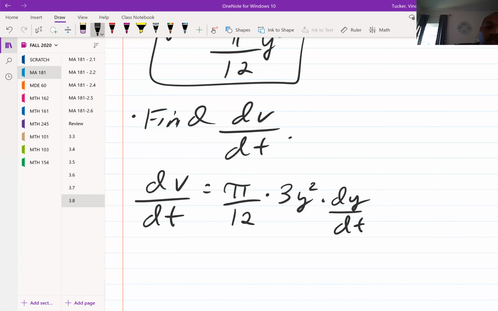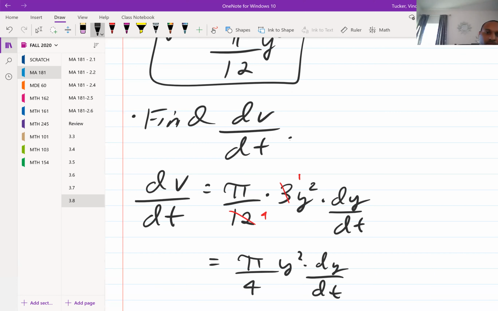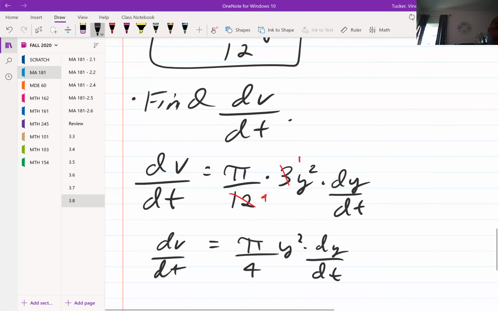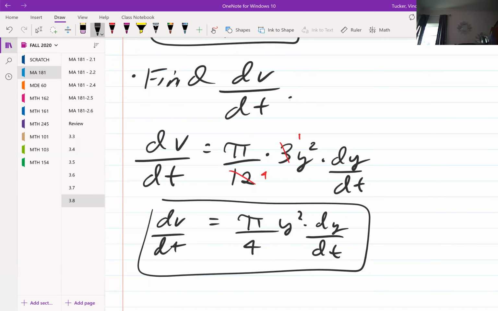All right. We can reduce this because of the 3 and the 12. Leaves you a 4 down here, 1 up here. So that should be pi over 4 y squared dy/dt. All right, so that's dV/dt.